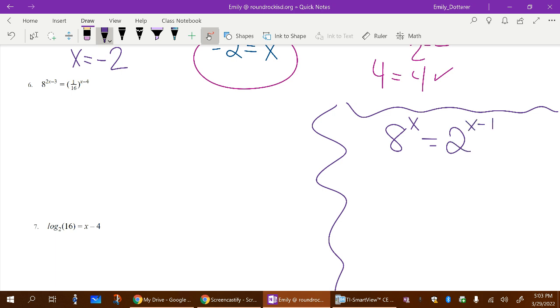Okay, so here our bases are not the same. If they were the same, then we could set our exponents equal to each other and solve for x. So what we're going to do on one like this, and like on number 6, is manipulate the base to make them equal. So we can do this with exponentials. 8 is the same thing as 2 to the 3rd, because 2 times 2 times 2 is 8.